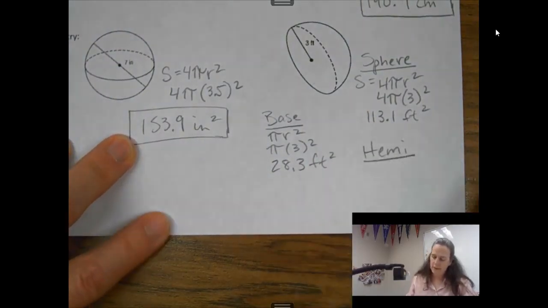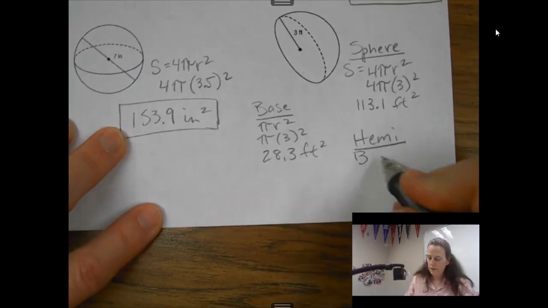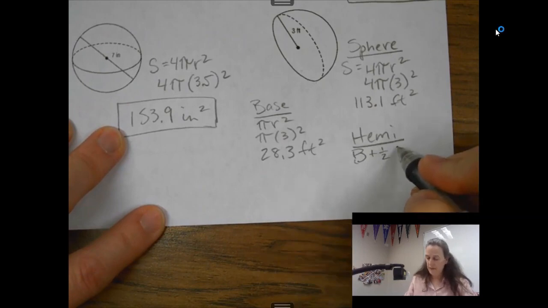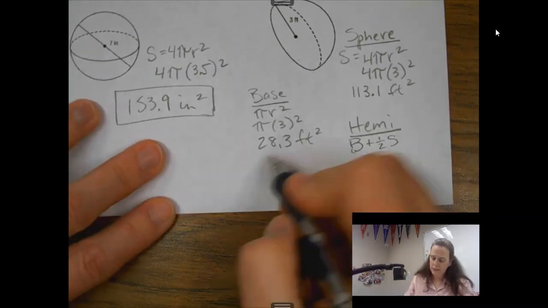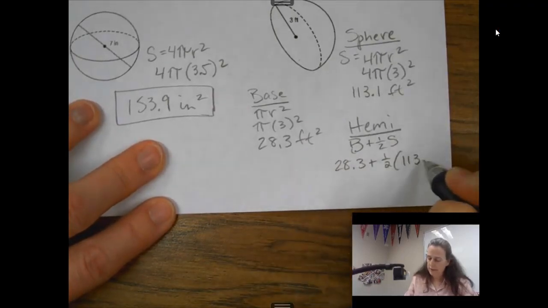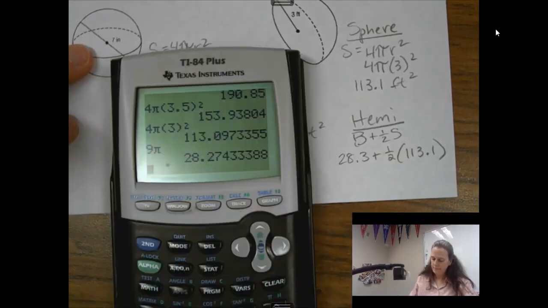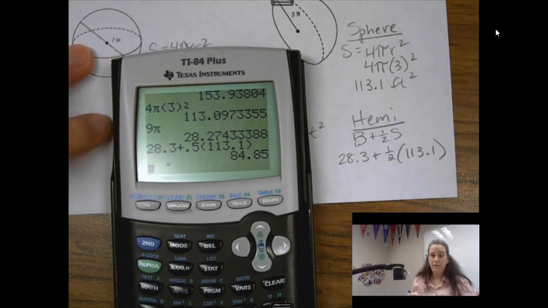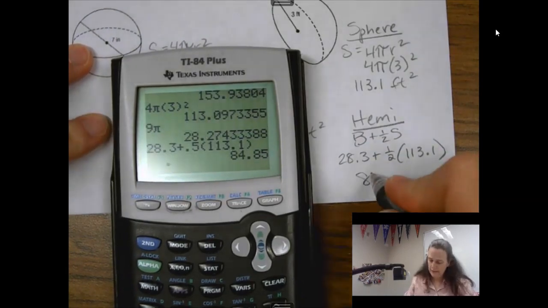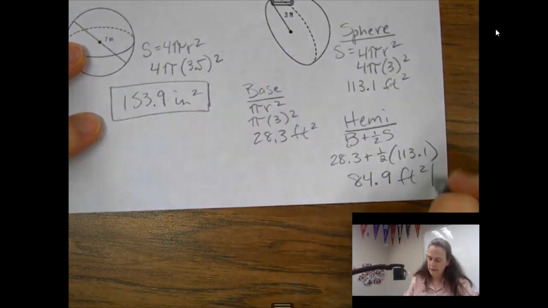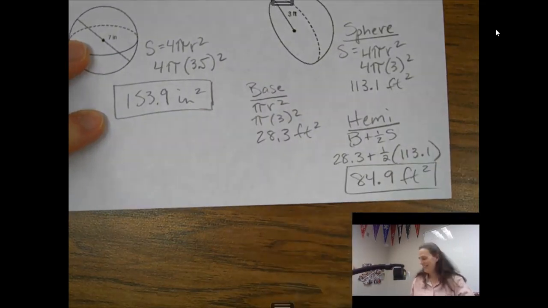For the hemisphere, it's the base, the circle, plus half of the outer surface area if it was a whole sphere. 28.3 plus 1/2 of 113.1. So did you get 84.9? 84.9 feet squared. There it is. Good, good.